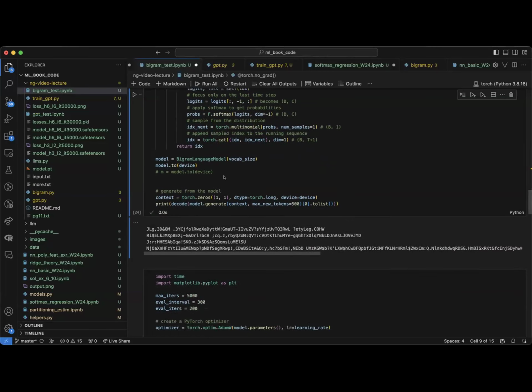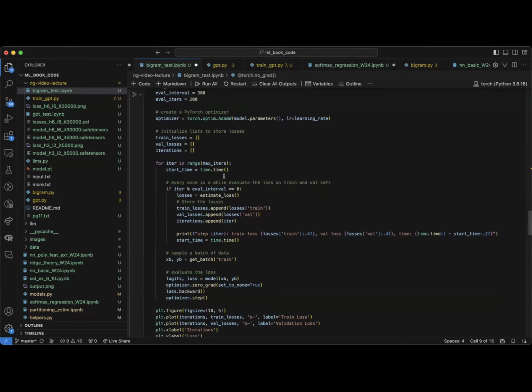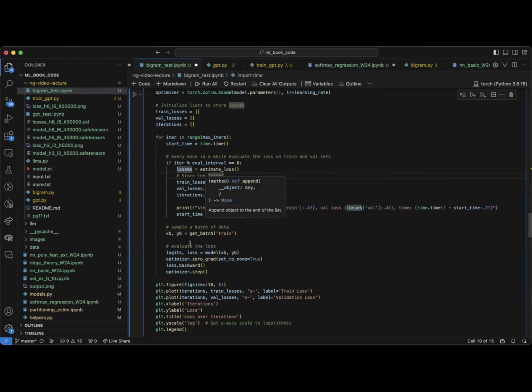So that's the initial one, and then this is the learning part, where I added a bunch of things to actually collect the losses, but you can see the actual training happens here. So you just get the batch, apply the model to this batch, you get the logits and the loss, and then you set the optimizer gradient to zero.